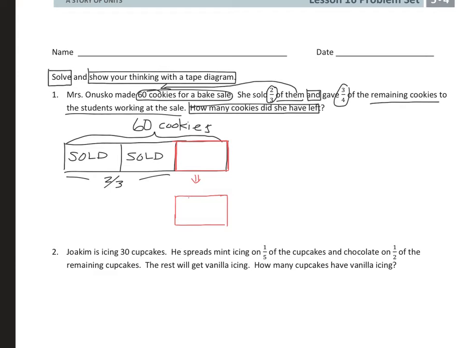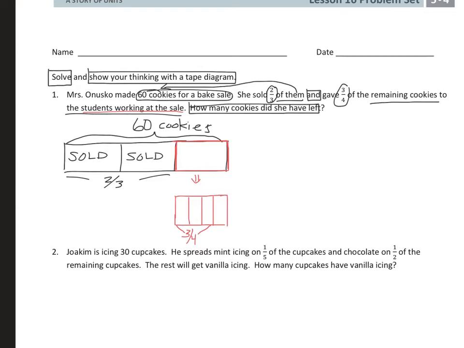All right, so this is remaining. We're going to break this up into 4 equal pieces, which is 3 lines. And then we are going to say this is what she's giving. The 3/4 is going to the students working the sale. That's what it says right there.